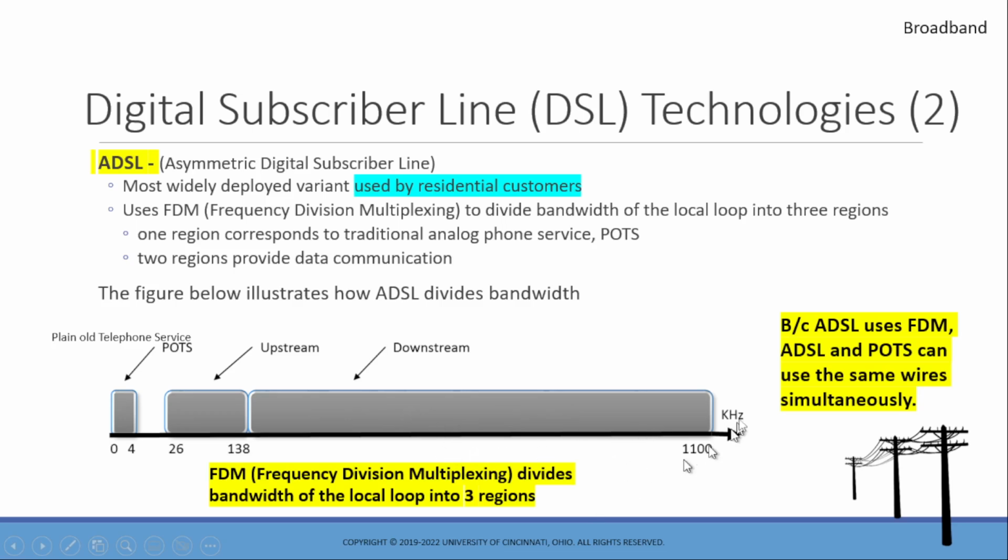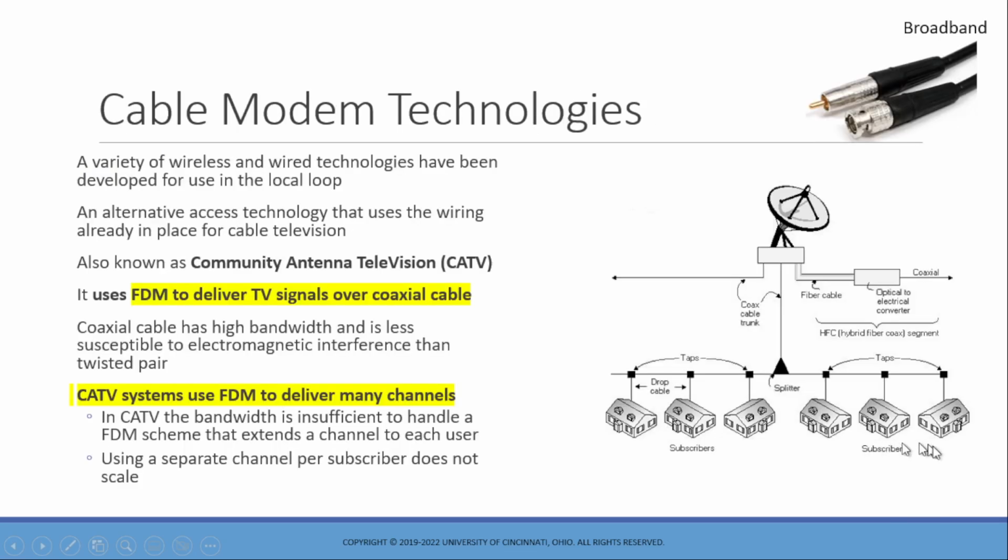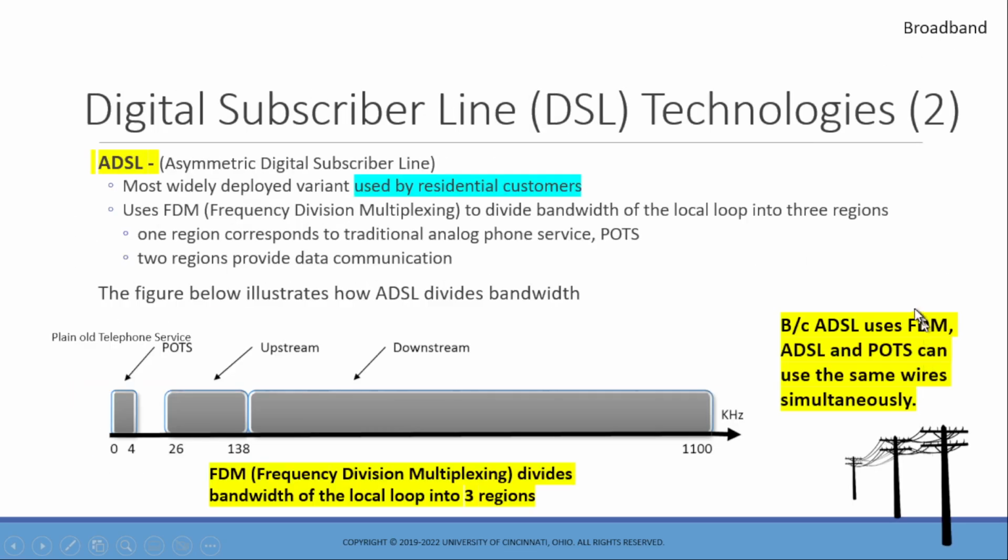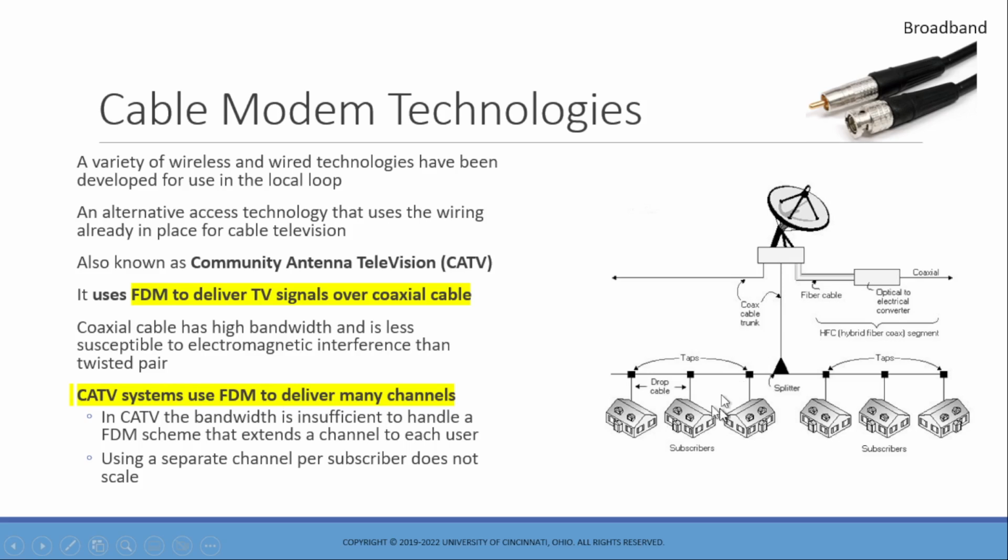So because of FDM, the multiplexing, DSL and POTS can use the same line simultaneously. So whether it's a video or a phone call or whatever the data is, it can go over the same wires because of the way FDM works, the multiplexing works.